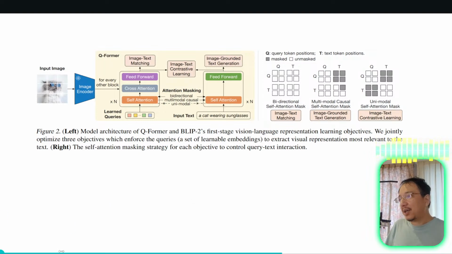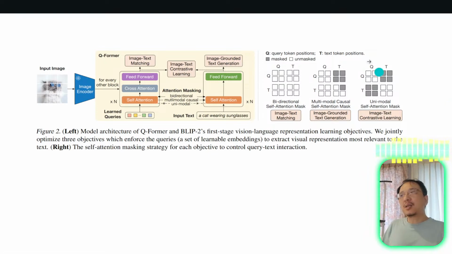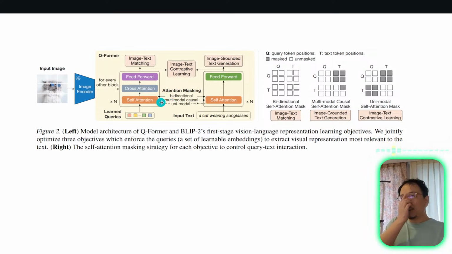But I think the model is more unified than before, and it has a Q-Former. It only modifies the self-attention part so that everything can work together.